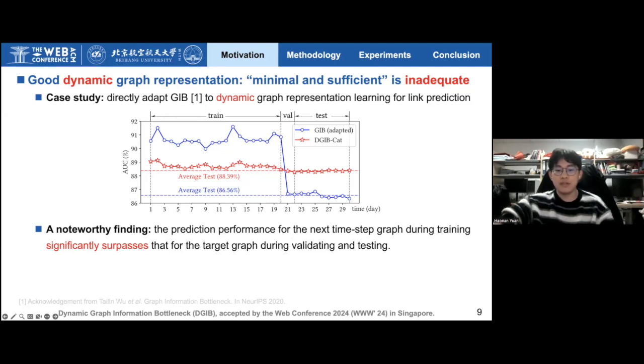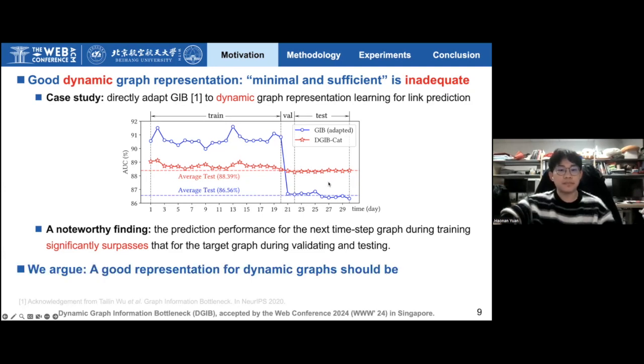However, due to the unknown, maybe potential, distribution shifts of the validation or test data, the minimal and sufficient information learned by the model in the training stage changes, resulting in a rapid decline in the accuracy of the link prediction task.